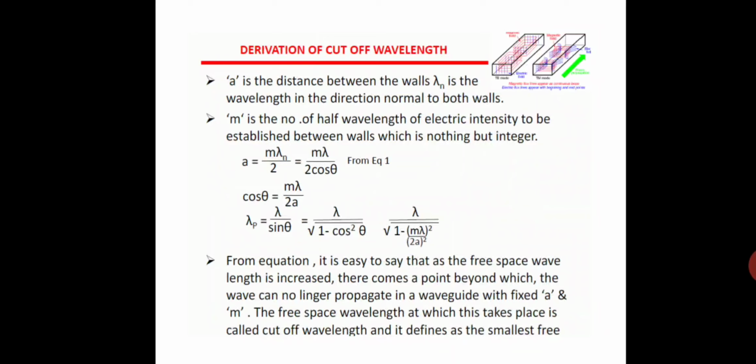So the rectangular waveguide cutoff frequency formula can be calculated. Although a waveguide can support many modes of transmission, the one that is used virtually exclusively is the TE10 mode.